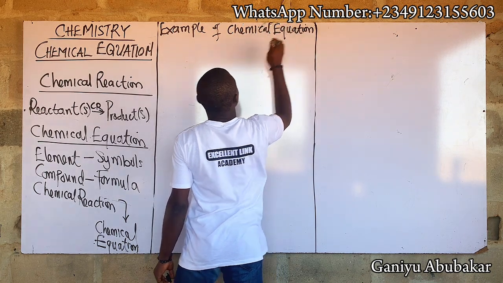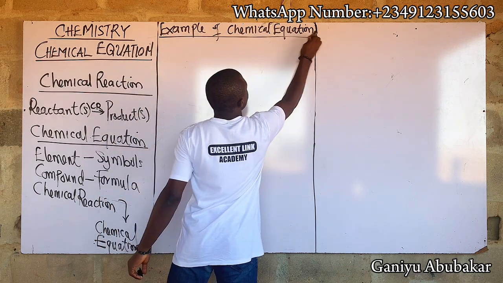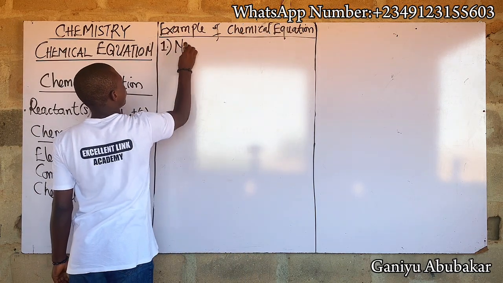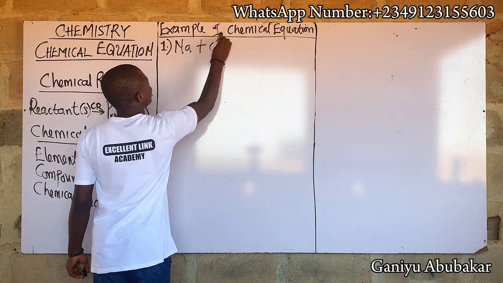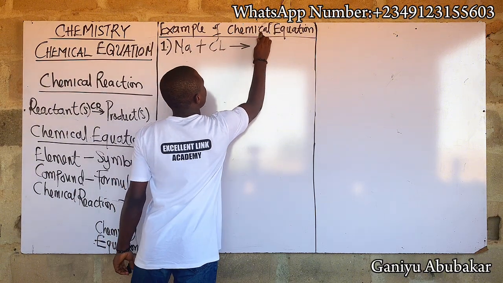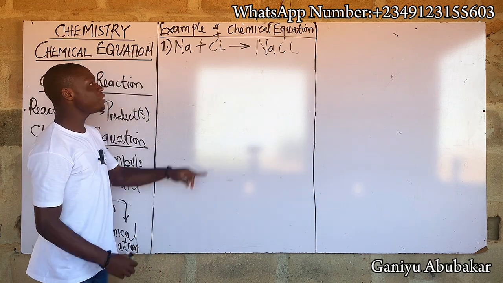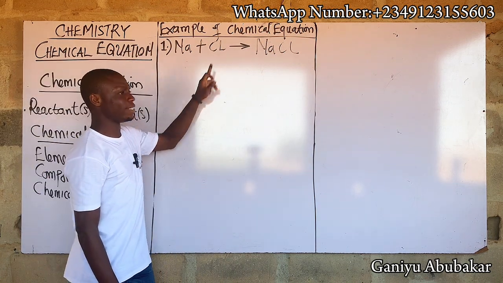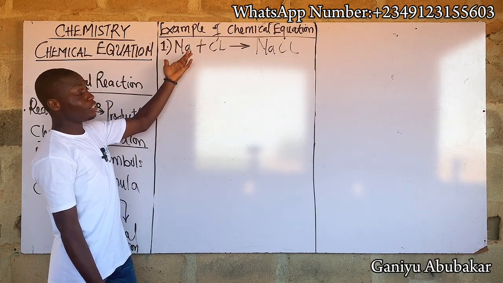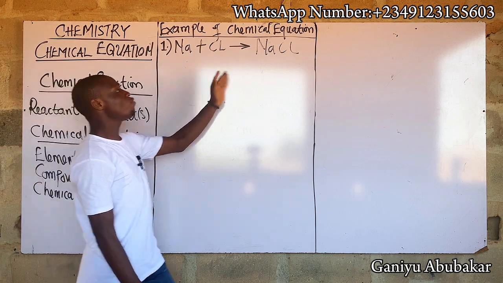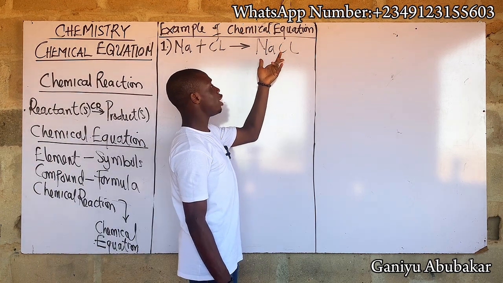Example of chemical equation. Number one, let's say I have sodium combining with chlorine to give sodium chloride. In this case, sodium is an element, chlorine is an element. These two elements are combining to give what? A compound.